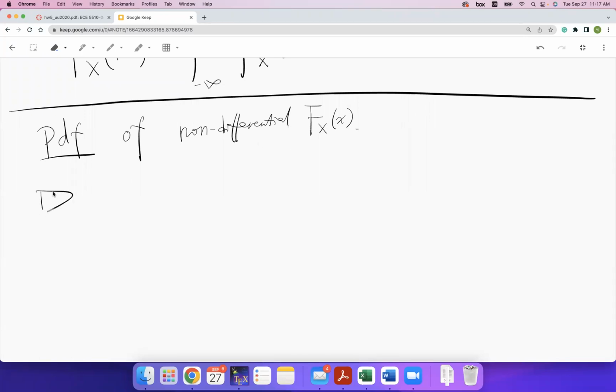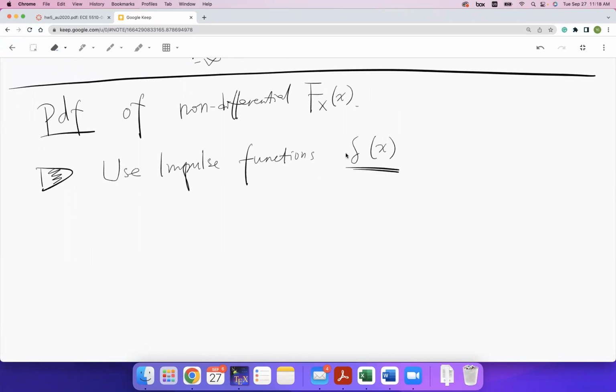The key is to introduce impulse functions, delta of x. If you are familiar with signals and systems, if you have taken the course 3500, we introduced the delta functions there. The impulse function is defined as follows.